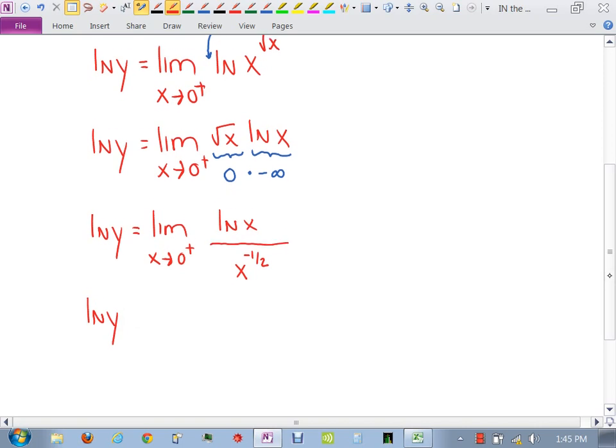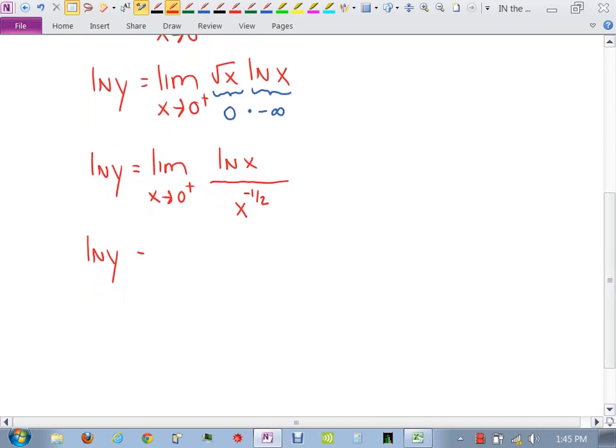Natural log y equals by L'Hopital's rule. And I need to see this on your test, okay? You need to show me that when you're using L'Hopital's rule, right? Limit x goes to 0 from the right. Derivative of top and bottom. So derivative of top is 1 over x.